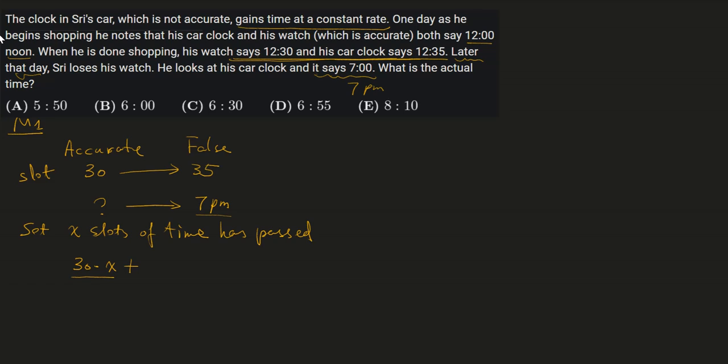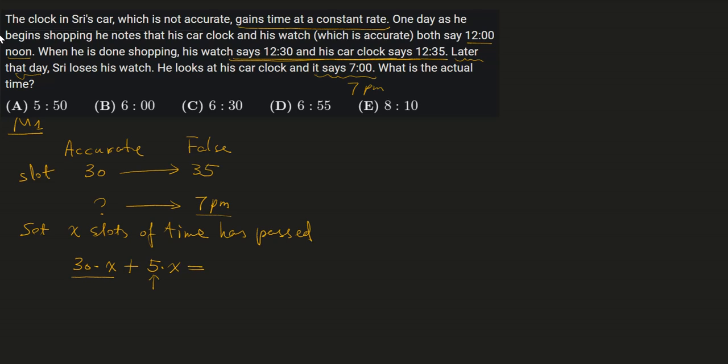Therefore, this quantity plus 5 times x. This 5 is the amount of time that the false time system gains per 30 minutes, or per time slot. Therefore, for x slots, it gains 5 times x minutes. So when we add up these two numbers, it shall equal 7 p.m.